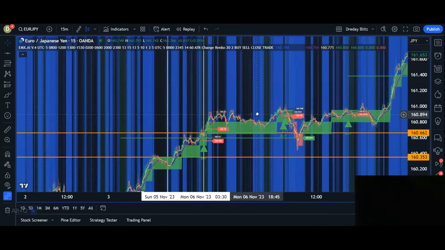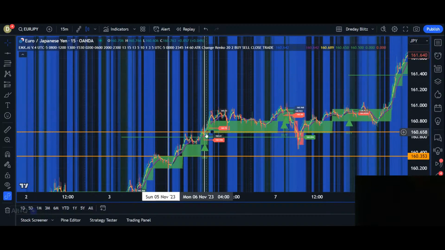This is the last time that we had a price. Basically, it's called price discovery. This is the last time that the price went in that zone in the past.